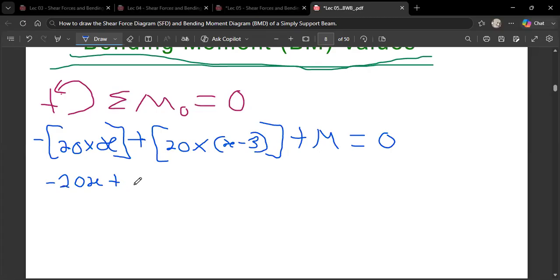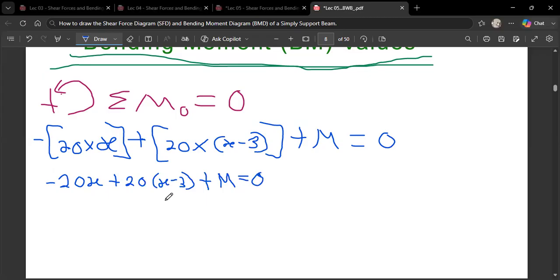So this is going to be 20 and then bracket open x minus 3. As simple as ABC. Okay. Plus the moment, all is equal to what? 0. All is equal to 0.